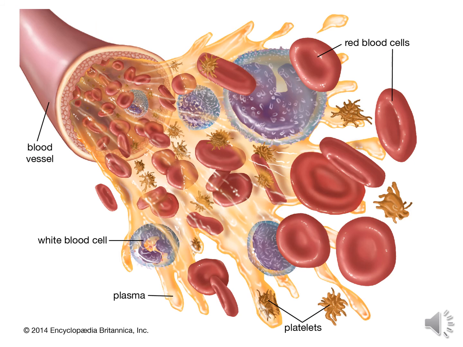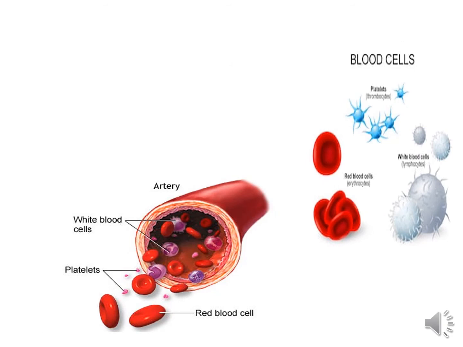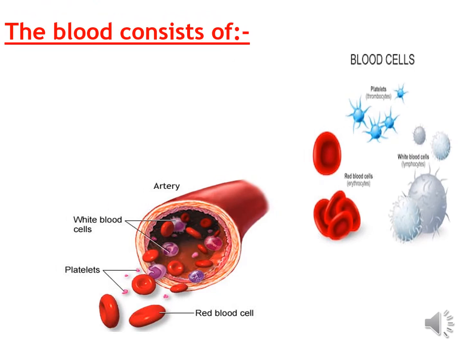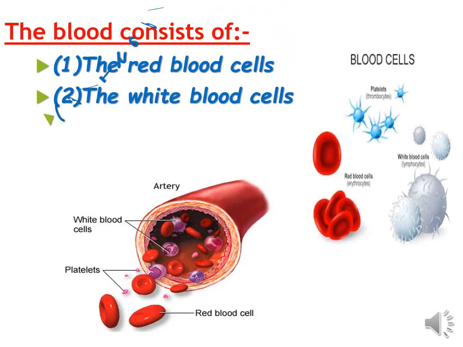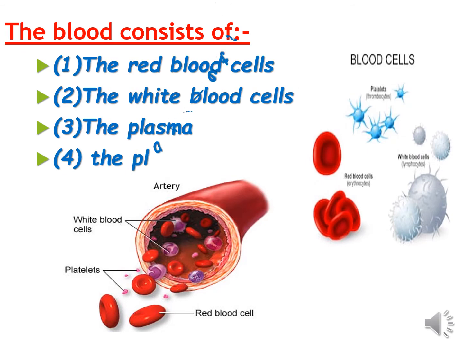The blood consists of red blood cells, white blood cells, plasma, and platelets.